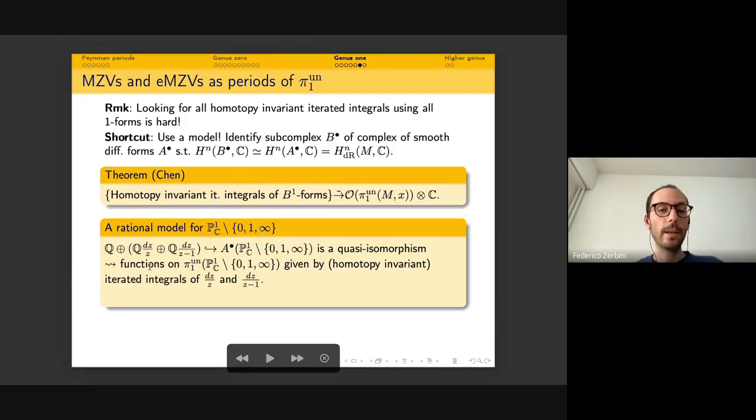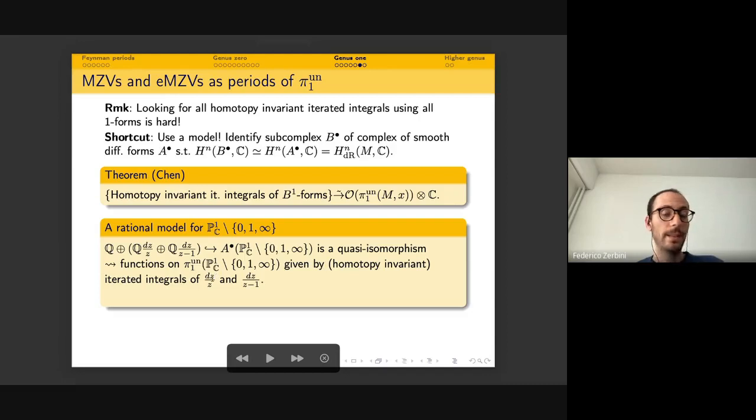And this gives you, by Chen's theorem, that the functions on P1C are homotopy invariant iterated integrals of dz over z and dz over z minus 1, because they are the only forms that appear. They are automatically homotopy invariant because these are holomorphic forms. So any convergent iterated integral of these forms will give you a homotopy functional and therefore describe all the periods of the fundamental group of this manifold.